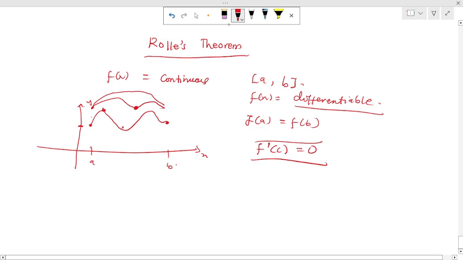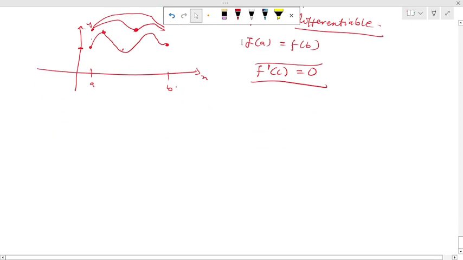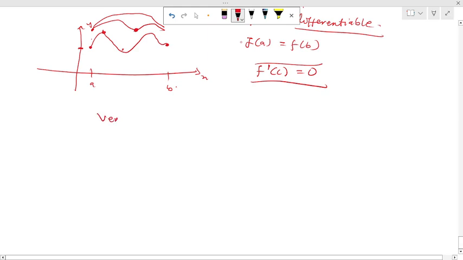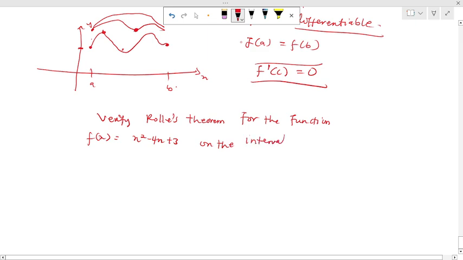So let's see how problems on Rolle's theorem are set. It says: verify Rolle's theorem for the function f of x is equal to x squared minus 4x plus 3 on the interval [1, 3].